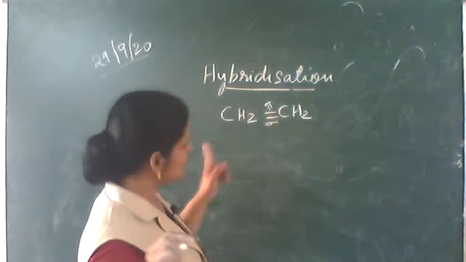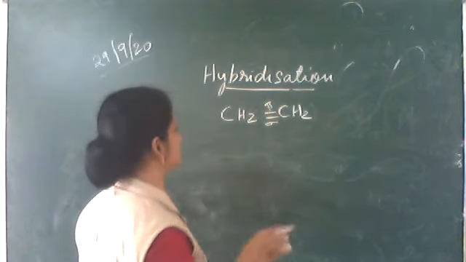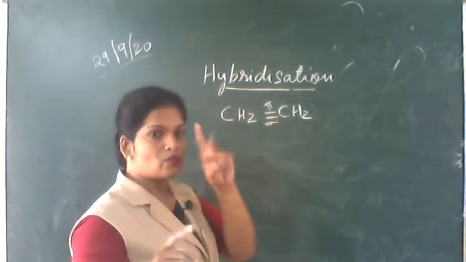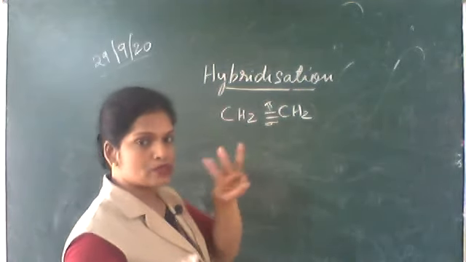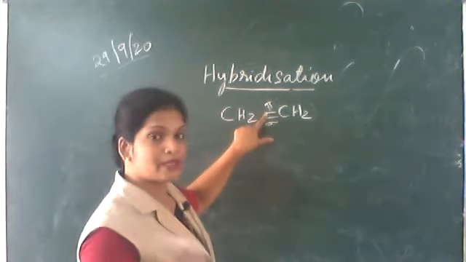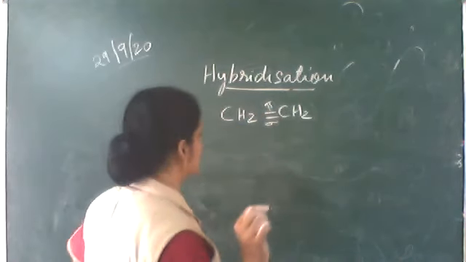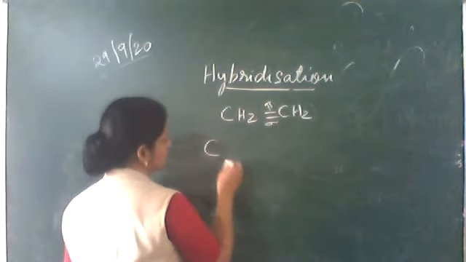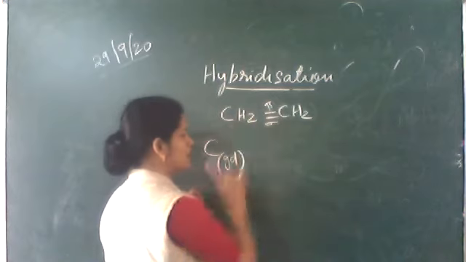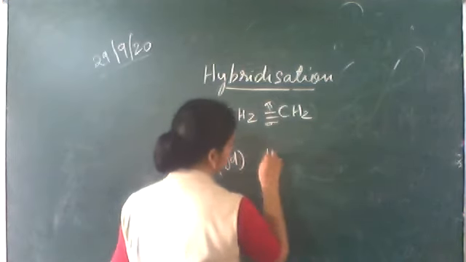So let's see. Each carbon is under the same hybridization. What is that hybridization? You see, around carbon, one hydrogen and one sigma bond, so three bonds are there, and this is a pi bond made by sidewise overlapping. Yesterday we saw, carbon in the ground state, that is 1s2.